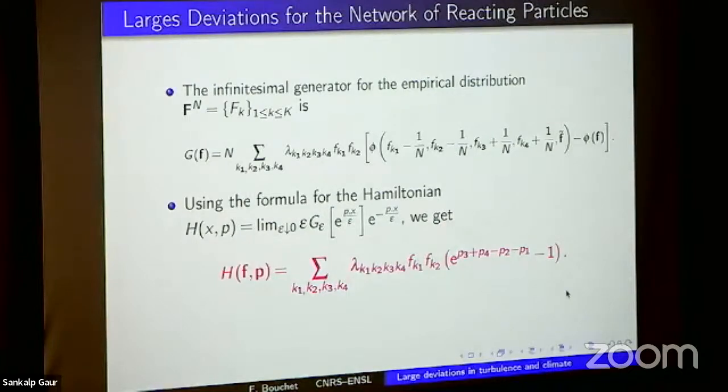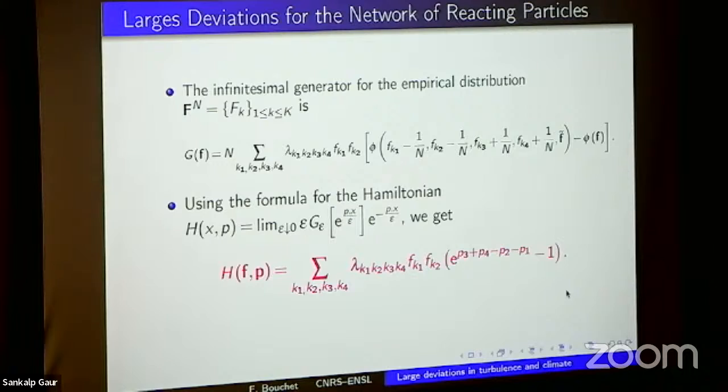And if I do that here, I find that I have F, I have a P which is conjugated to F dot, and then the H is just the sum over all the possible combinations of k1, k2, k3, k4. There is this rate lambda. Then there is a product of the two f's for the incoming particles. So you have the probability to see particle 1, the probability to see particle 2.